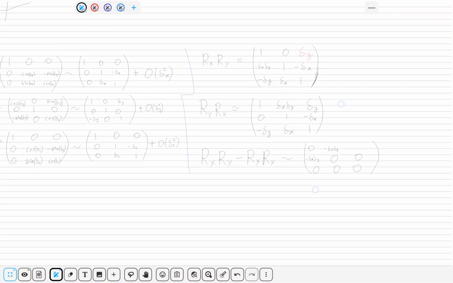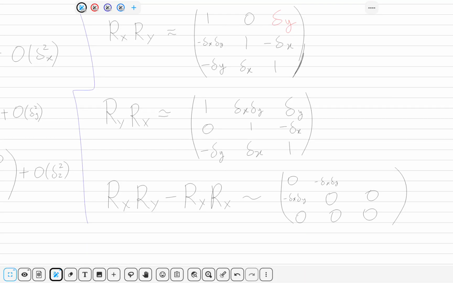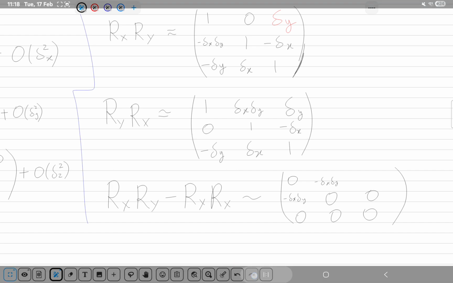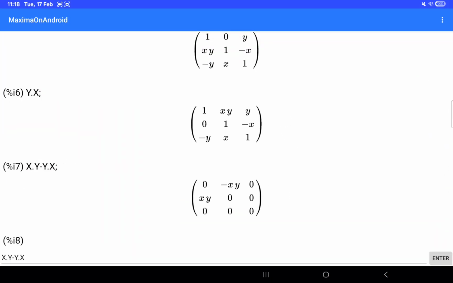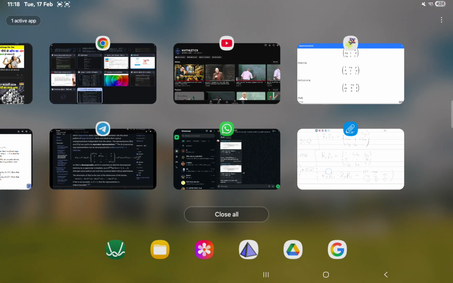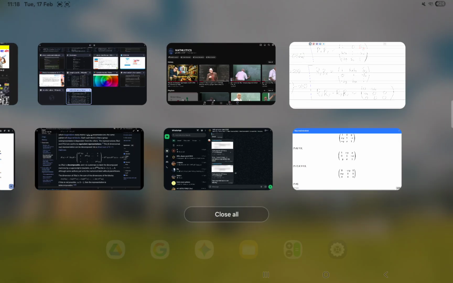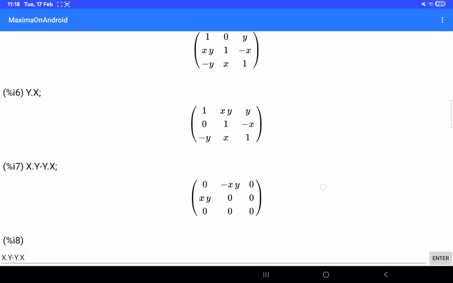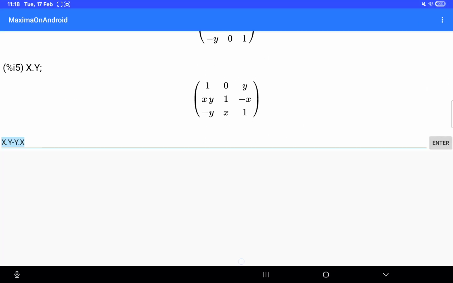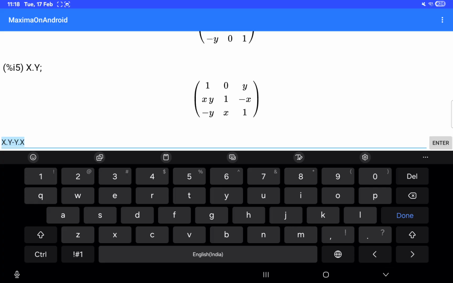Let me check. If I do the subtraction, hmm, did I make a mistake again? xy minus yx, right? xy was this. Here everything makes sense.